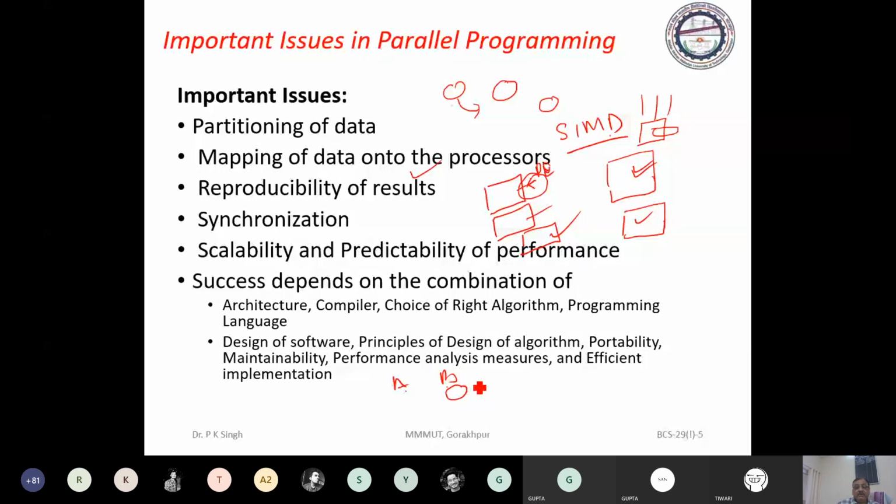Machine A will send a signal to B for that data, and since machine B has not produced it, A has to wait. So in the program, we have to use semaphores. It will signal and make the machine wait.